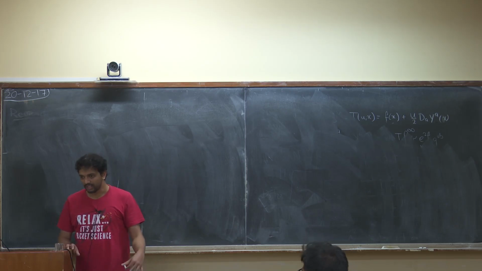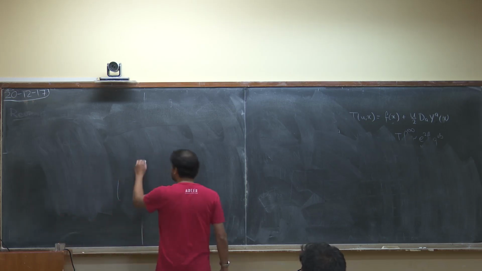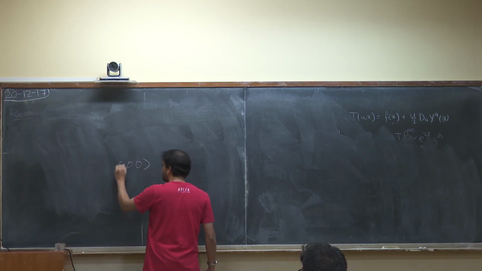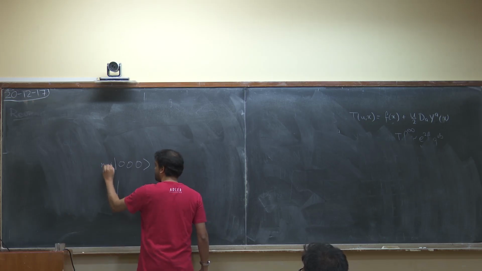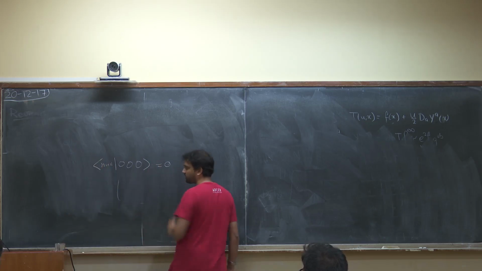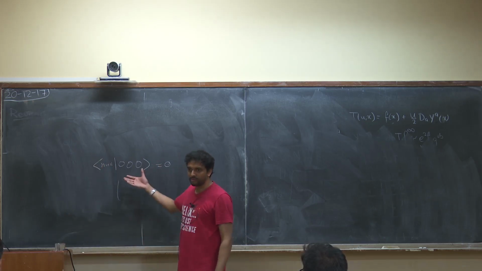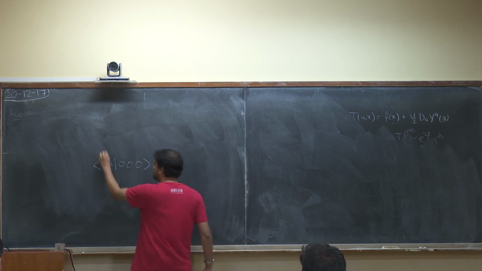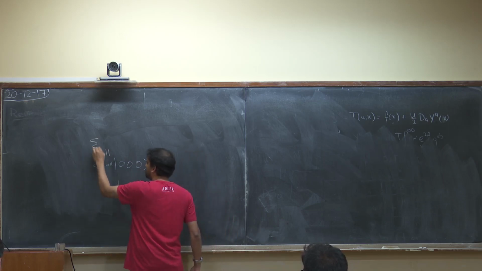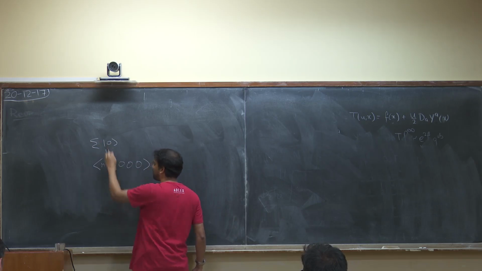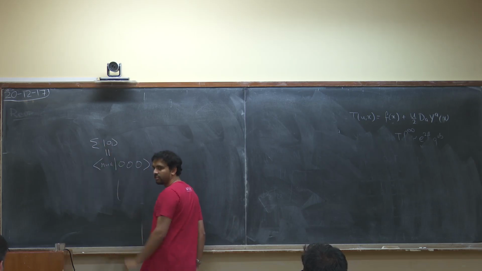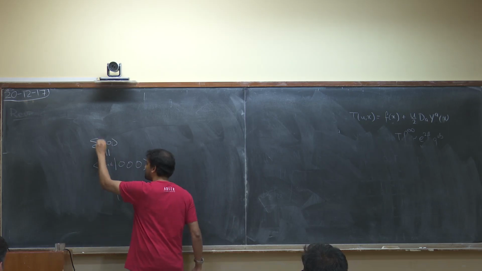The moment you have a null state, this means you can take any correlation function with any operator, put in the null state there, and this has to be 0. So this should give you some constraint. This null state is typically written as a sum of some of these operators with some coefficients.